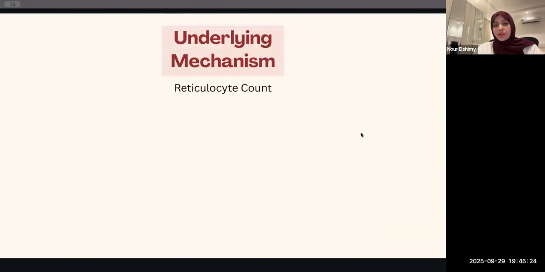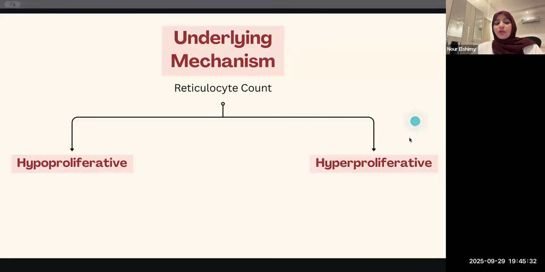So in this case, the reticulocyte count could either be low or high. And because we're extra as doctors, we have to give it a big name. So hypoproliferative or hyperproliferative. The normal range is 0.2% to 2%. If we have a count that's below 0.2, that's hypoproliferative.